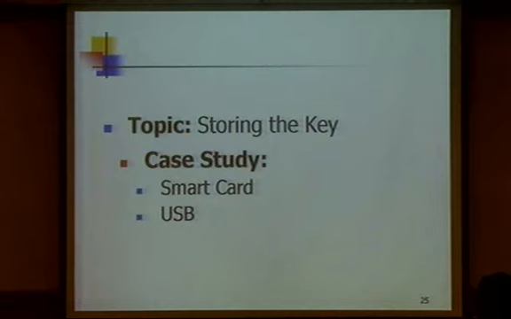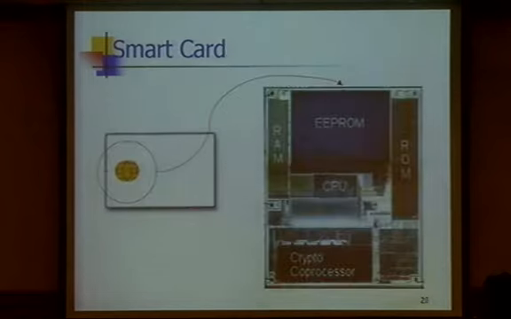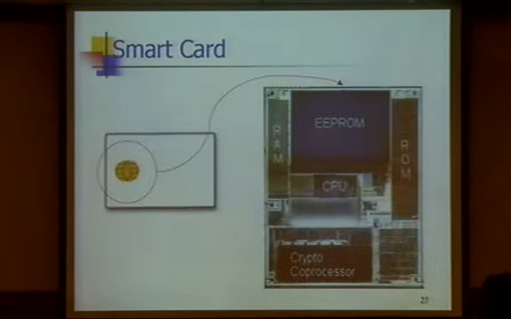And now my third topic is about the way of storing cryptographic keys. Especially I will talk about smart cards and USB tokens. Many cryptographic systems assume that the smart card can carry the cryptographic keys and perform cryptographic operations. This slide shows an internal structure of the smart card.